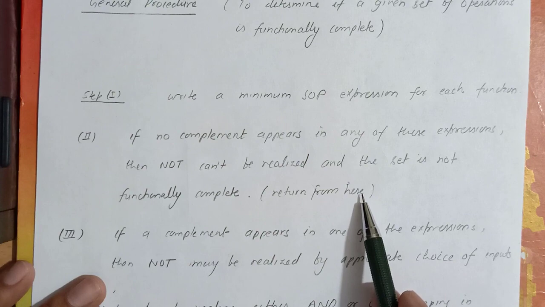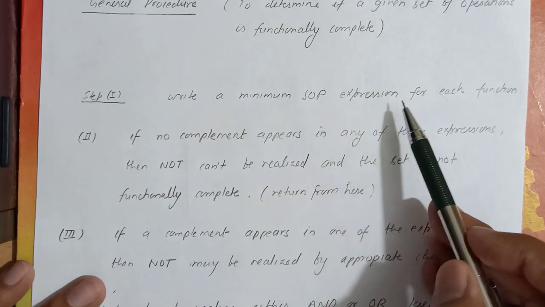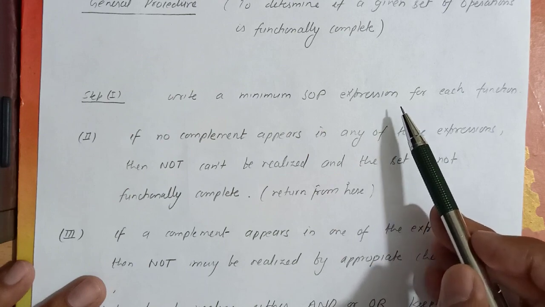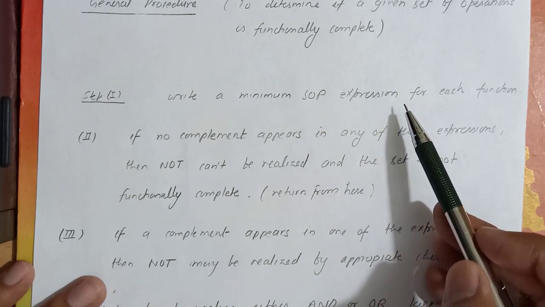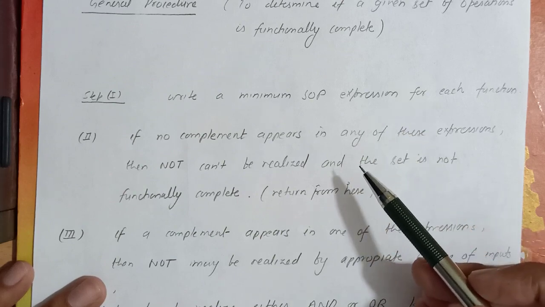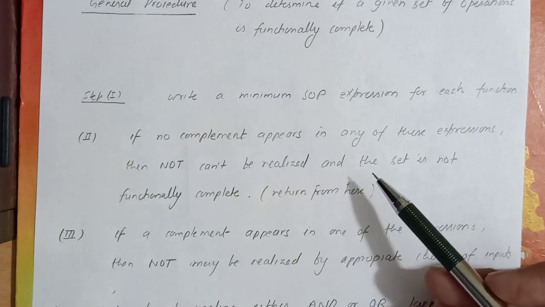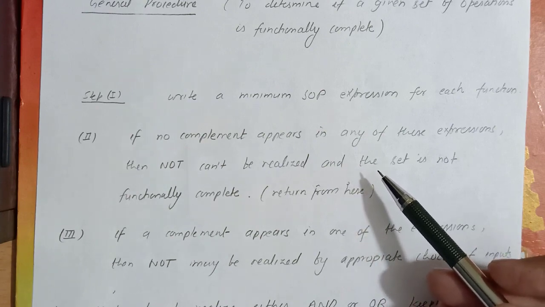Okay, so in the first step we will write the SOP expression for the given operation, and then we will try to realize the NOT operation. How will we try to realize the NOT operation?